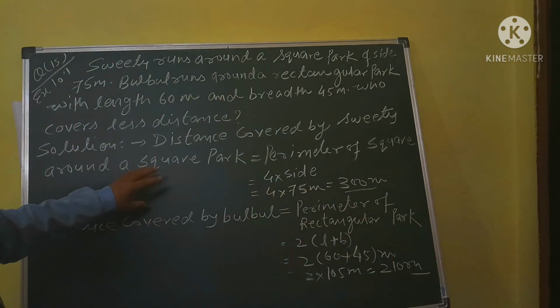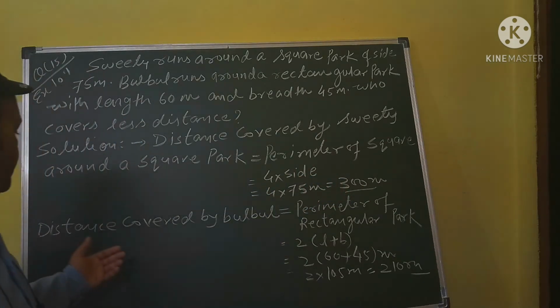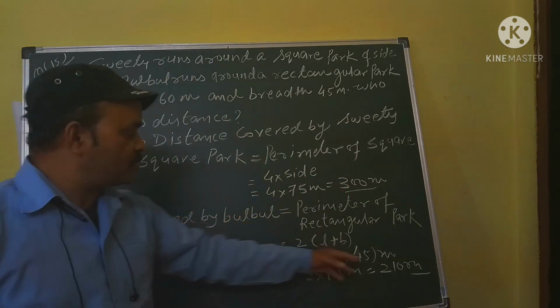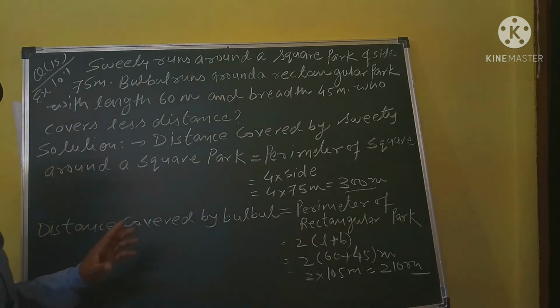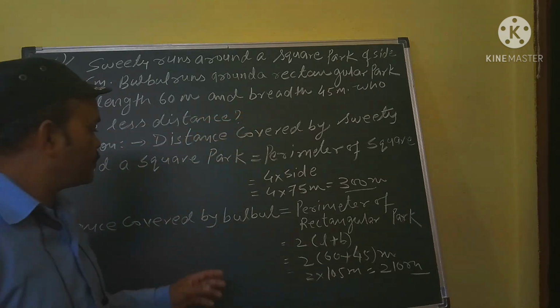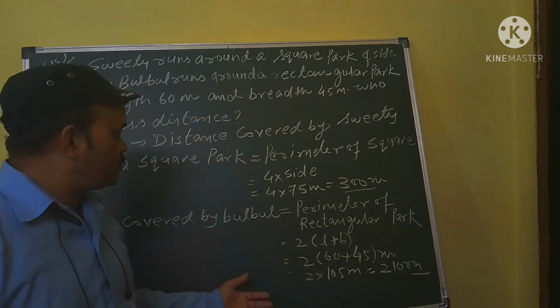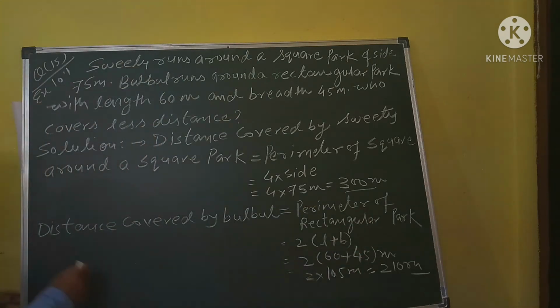In this question, the distance covered by Sweetie is 300 meter and the distance covered by Bulbul is 210 meter. So what is your requirement? Who covers less distance? According to the calculation, as you are looking, Bulbul covers less distance. Okay. What is the main answer?